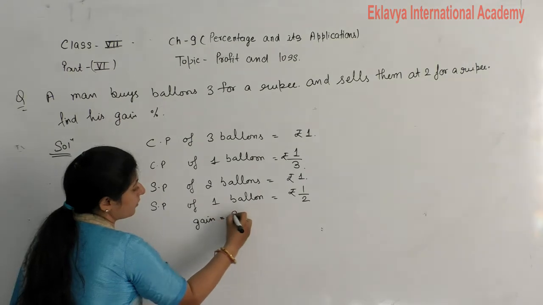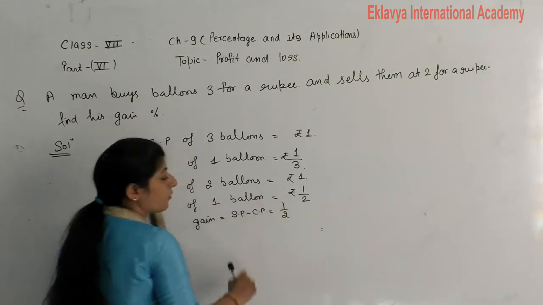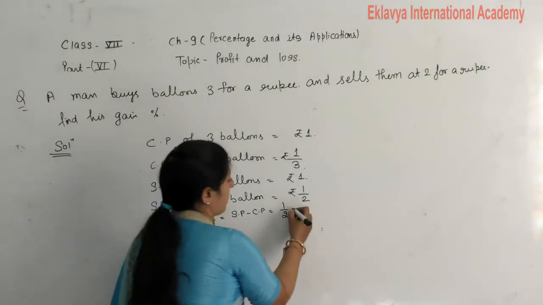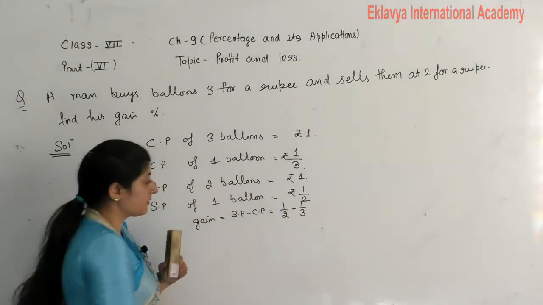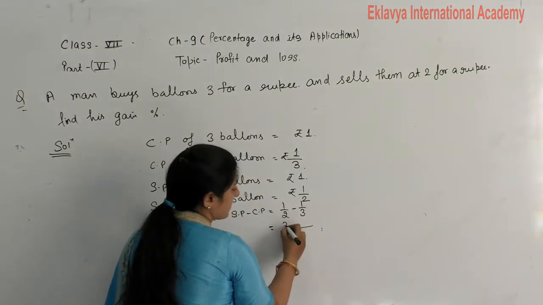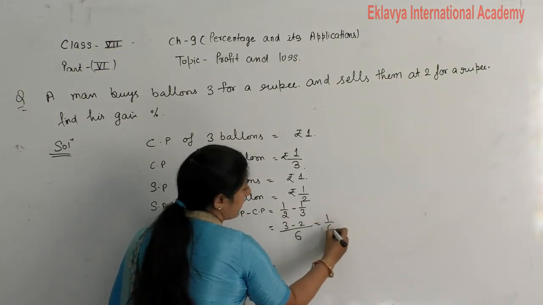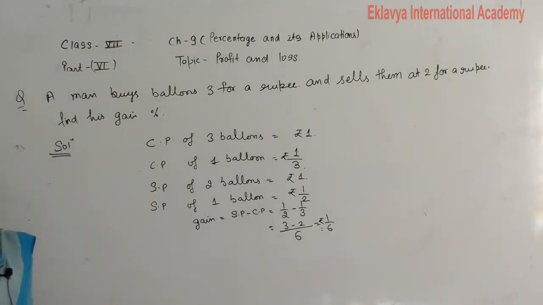Gain is equal to SP minus CP. SP is 1 by 2 minus CP is 1 by 3. So take LCM, that is equal to 1 by 6. It means the gain is rupees 1 by 6.